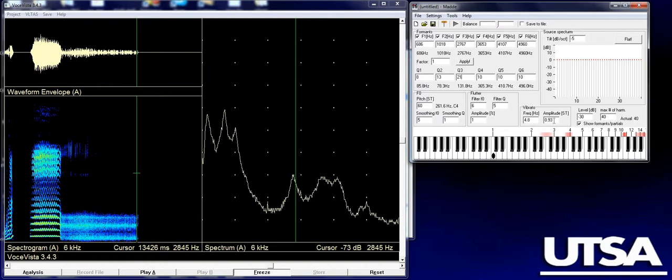So we've got my rate and my extent, and by listening we did some adjustments on how flat the spectrum was to match the timbre of my voice.